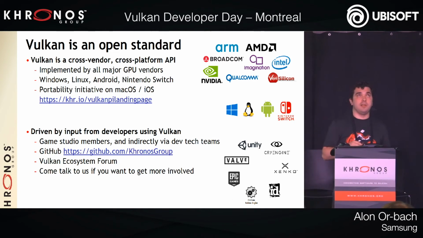But we really do value engagement on there. And the new thing that we've created called the Vulkan Ecosystem Forum is a public call that meets on a regular basis, primarily to try and get cooperation between all the different tools projects in Vulkan, so growing the ecosystem. And if you do want to get more involved, especially in setting the future direction of Vulkan, do make sure you come talk to us about other opportunities that exist.